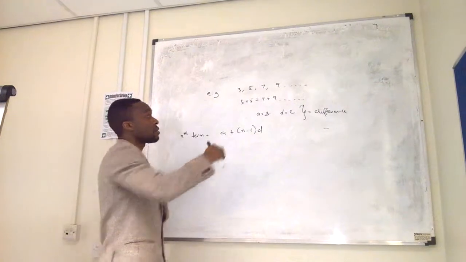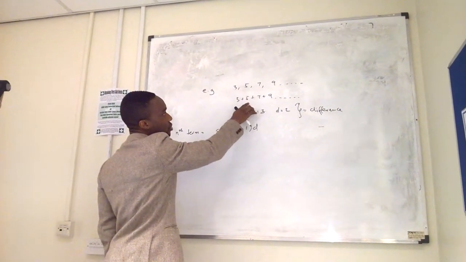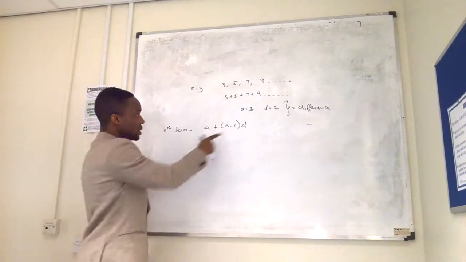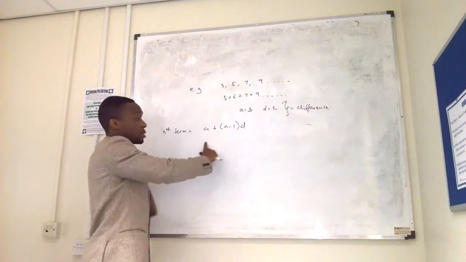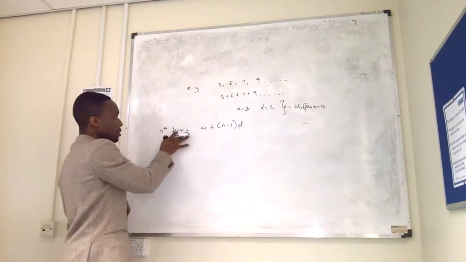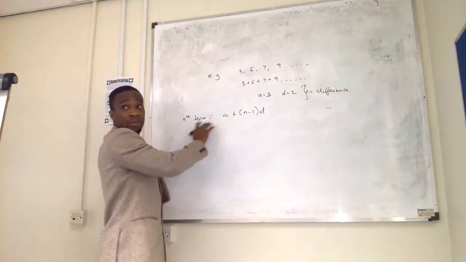Sometimes it's straightforward, you can see it's an addition of 2 for every term, but in some cases you wouldn't know. This formula is really good. You can use it to find the nth term, to find A, and to find D if you're given some of the values.